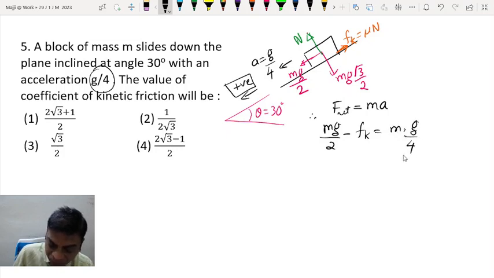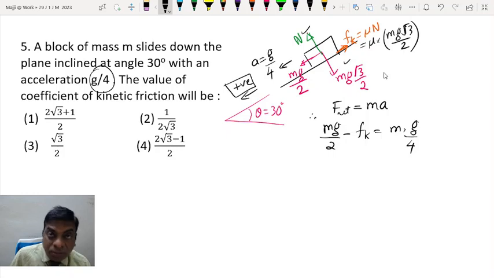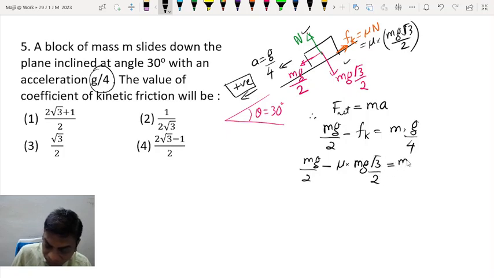Acceleration is given as g by 4. Now kinetic friction is mu into N. Considering the equilibrium of the block perpendicular to the inclined plane, we can write N, the normal reaction, as mg root 3 by 2. So we have mg by 2 minus mu into mg root 3 by 2 is equal to m into g by 4.